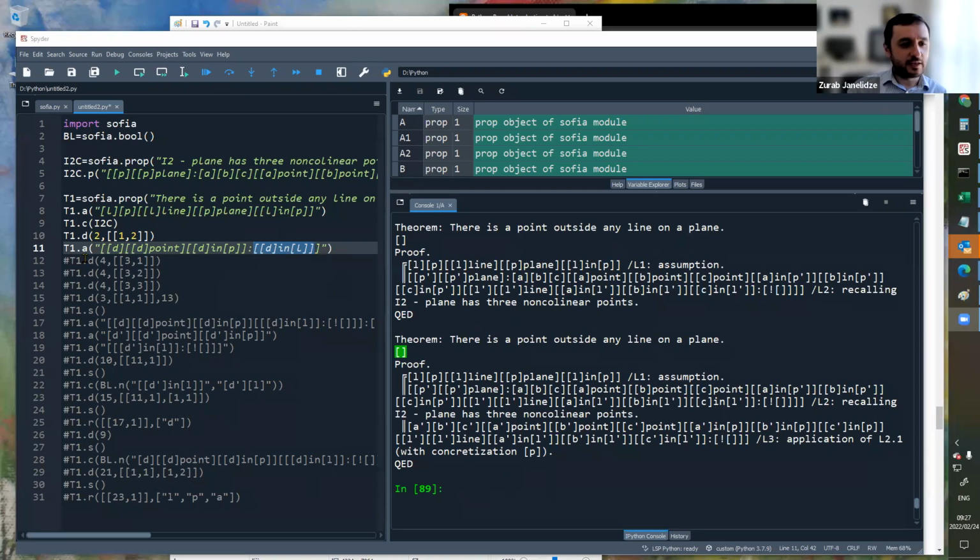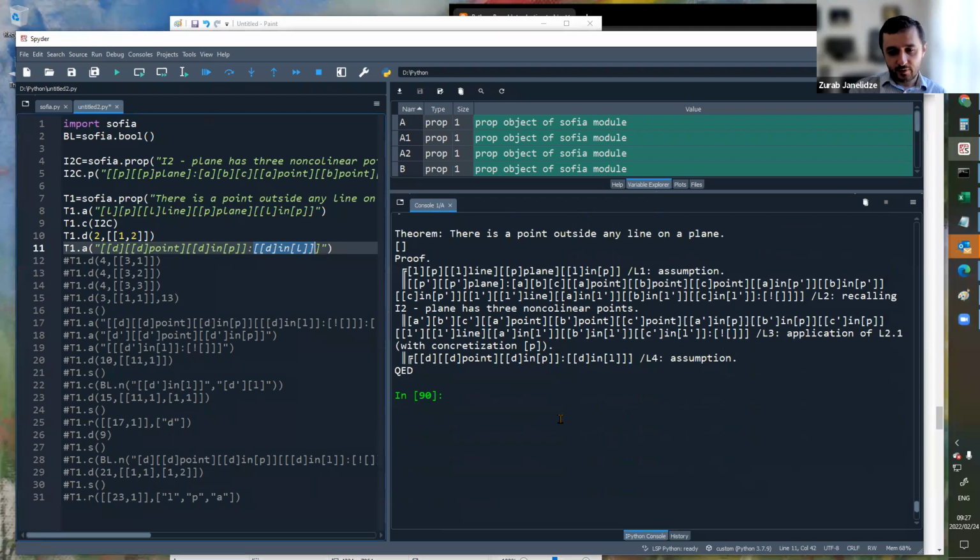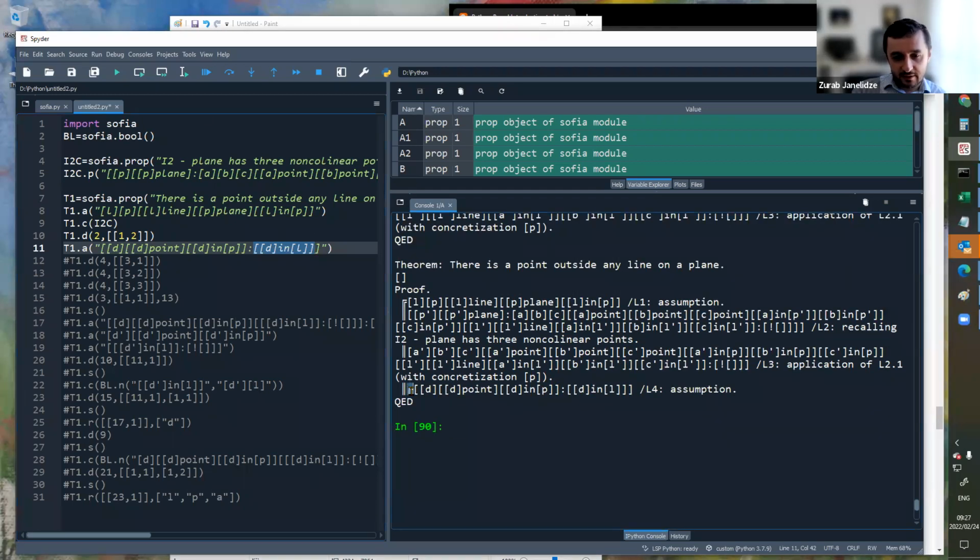So if I assume, okay, let's first run this. When I run this, you see that now there is another gadget like we had before, right at the beginning of the proof. This indicates a new assumption has been introduced. So our assumption depth at this point now is 2, because there is one assumption depth coming from the very first line, and then the second one which has been just introduced. At this stage, we are assuming that every point that lies on P also lies on L. Okay, let's see what we can do with this.